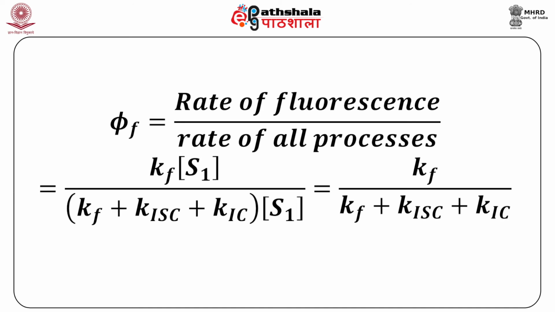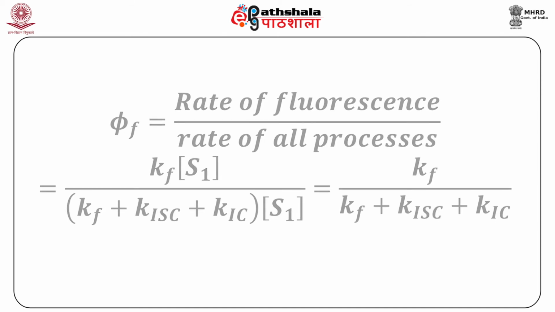The quantum yield for fluorescence is defined as the fraction of molecules undergoing fluorescence, and is given by phi f is equal to rate of fluorescence divided by rate of all the processes, which means that Kf into S1 is the rate of fluorescence divided by Kf plus KISC plus KIC into S1, and that means that this is equal to Kf by Kf plus KISC plus KIC. If there are other processes, those rate constants will also be added in the denominator.